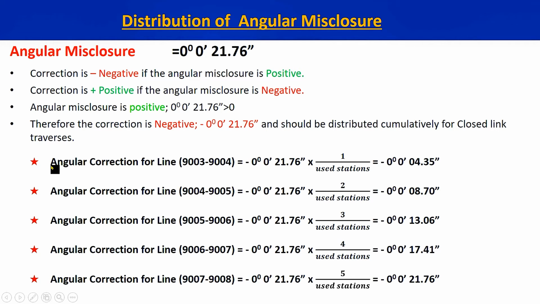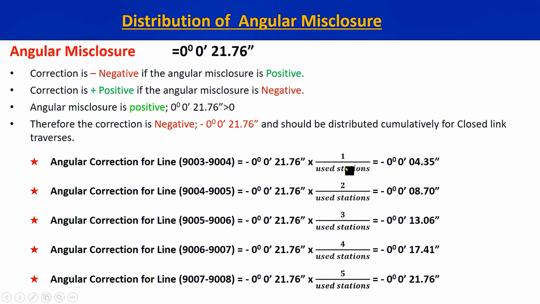So you need to remember, in a closed loop traverse we don't need to distribute it cumulatively, but in closed link traverses we need to distribute it cumulatively. So the angular correction for line 1 is the total correction value multiplied by the particular number of stations and divided by the number of used stations.